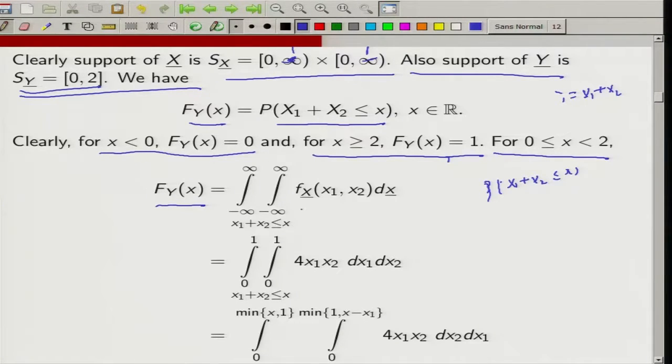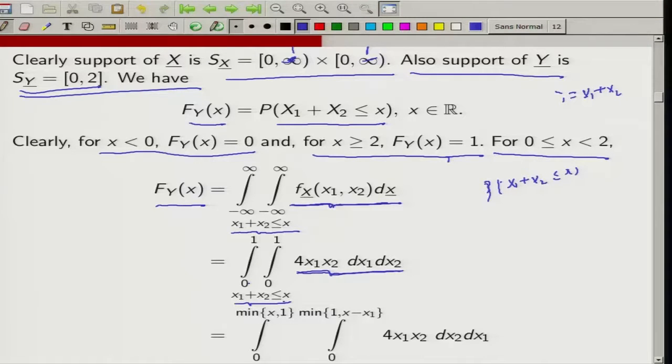So I integrate the joint PDF over the range x1 + x2 less than or equal to x. My joint PDF in (0,1) cross (0,1) is 4x1x2, and this is 0 otherwise. So this integral becomes the integral over 0 to 1, 0 to 1 of 4x1x2, restricted to the range x1 + x2 less than or equal to x.